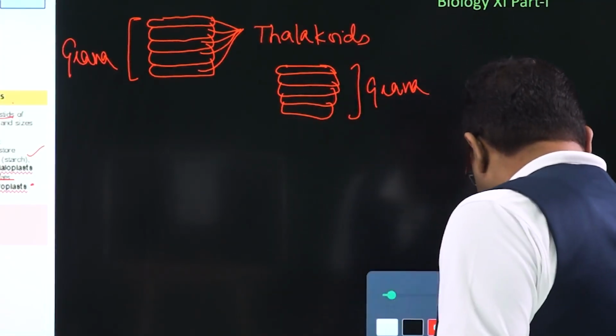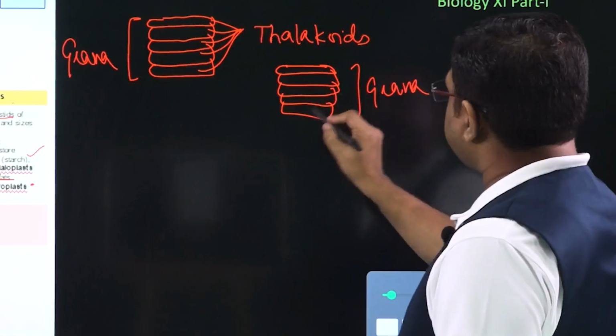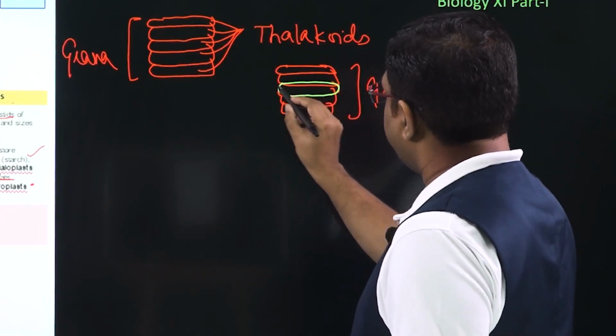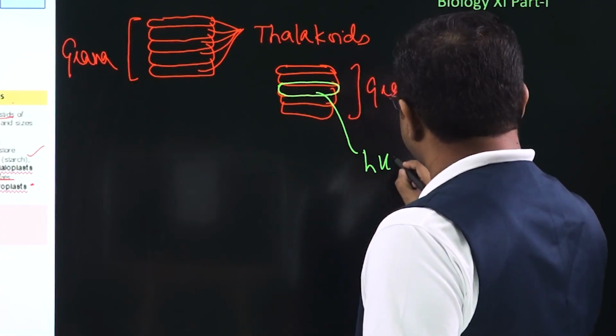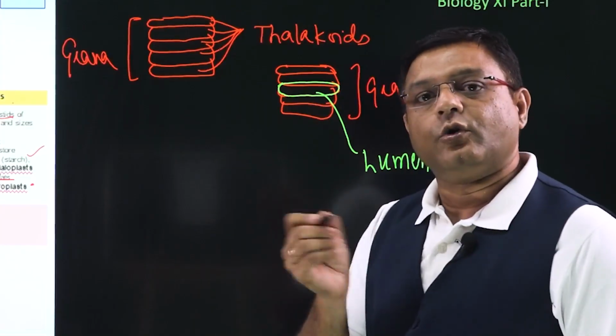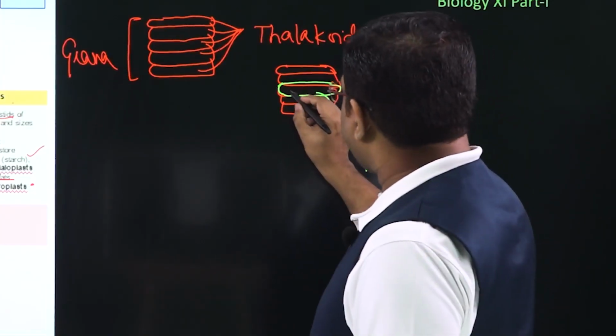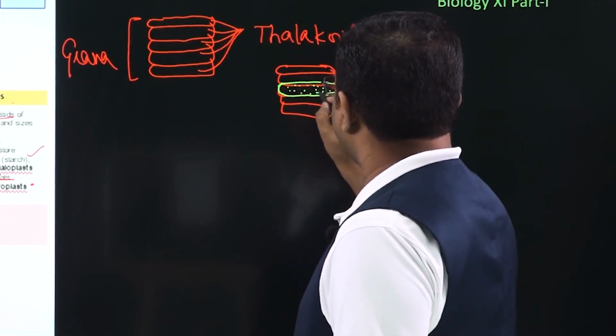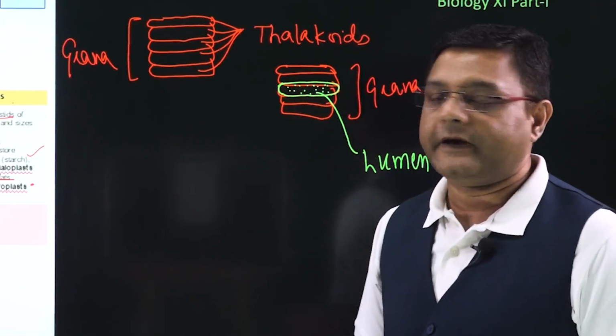Now the space inside the thylakoid. This is one thylakoid, and the space inside it is called lumen. Chlorophyll pigment molecules will be present inside this thylakoid.